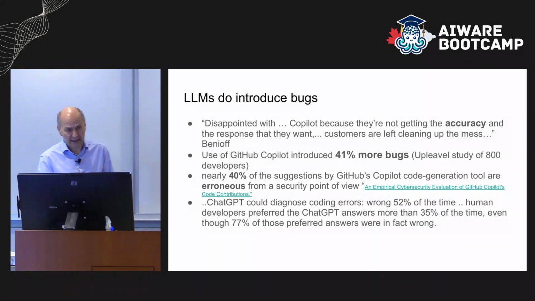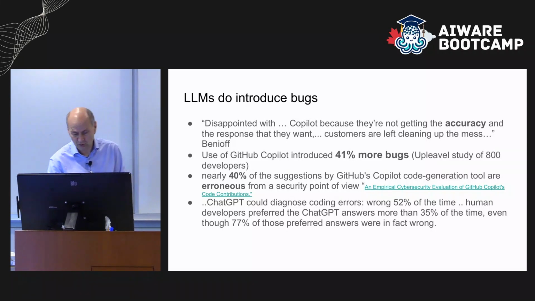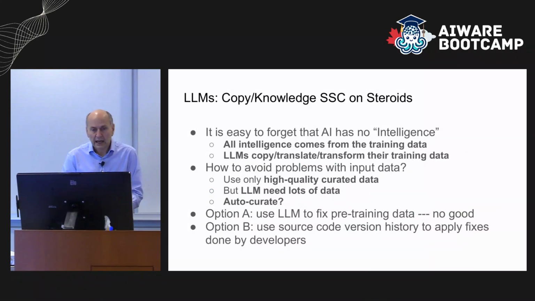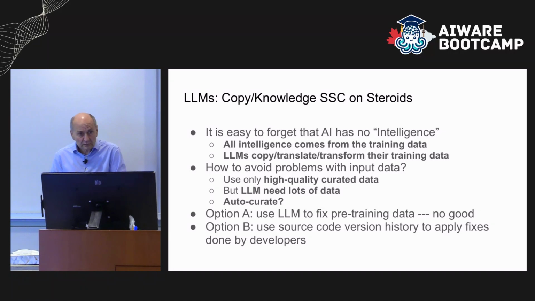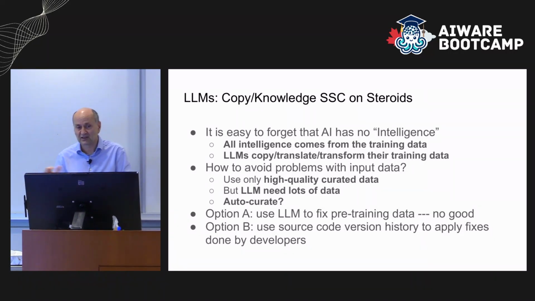Suggestions were erroneous from a security perspective, and again, they were so wrong but convincing, so maintenance could be a nightmare because detecting bugs would be harder in well-formatted code. Essentially, LLMs are copy-knowledge software supply chains on steroids.